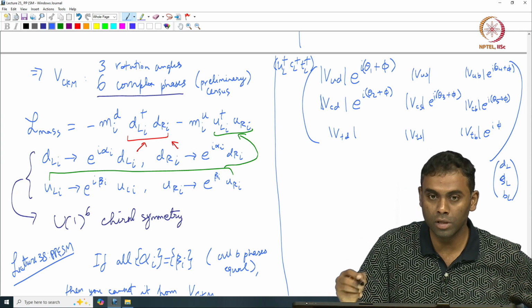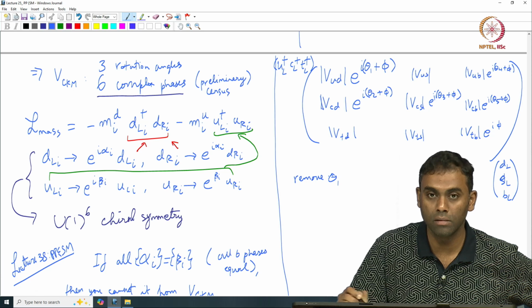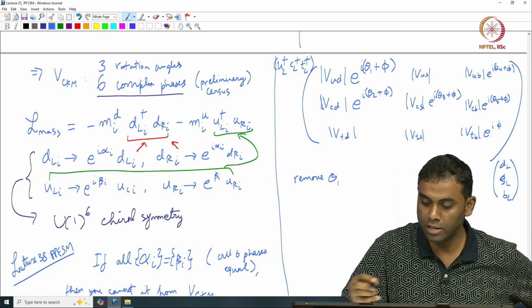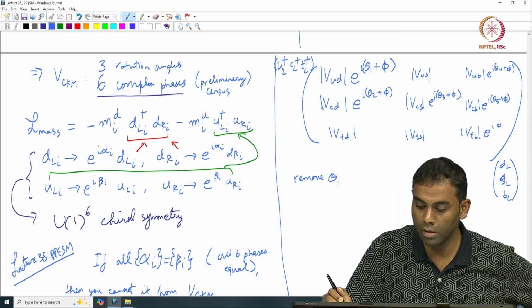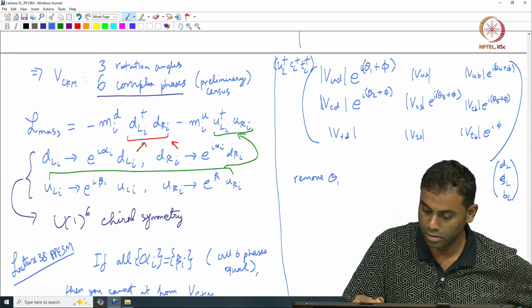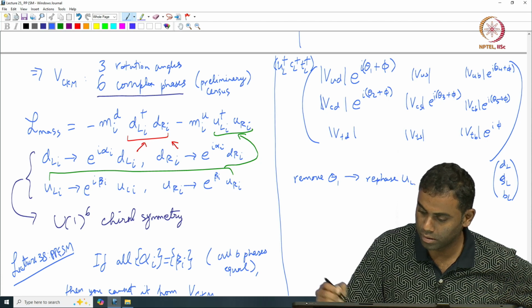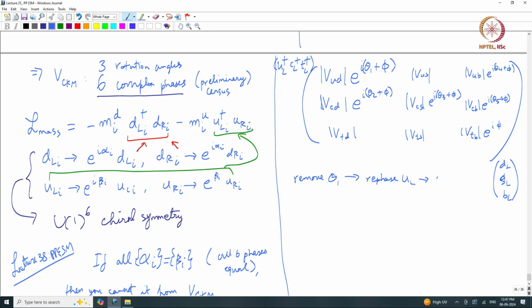Now, I can absolutely remove theta 1 by rephasing the UL, correct, with a rephase of UL basically as UL e power i theta 1, and then I can eat up this phase in the mass basis.